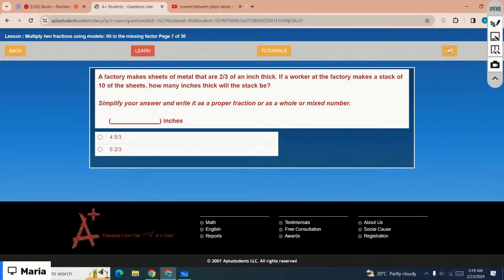A factory makes sheets of metal. They are two-thirds of an inch thick. If a worker at the factory makes a stack of 10 of the sheets, how thick will the stack be? So, which is the correct option? Multiply and divide.